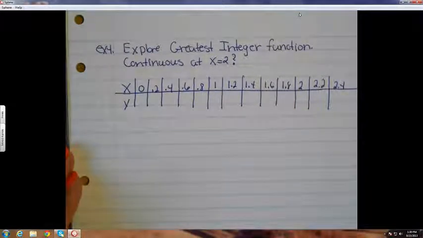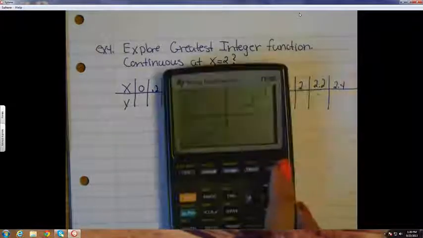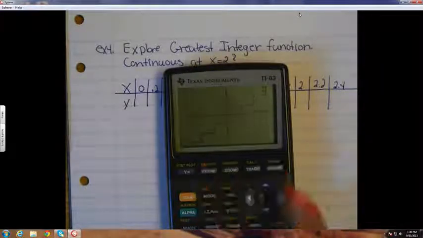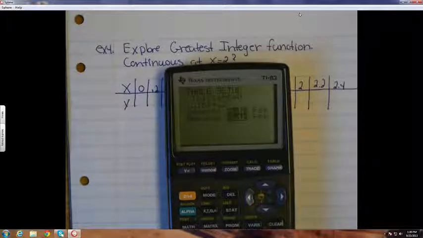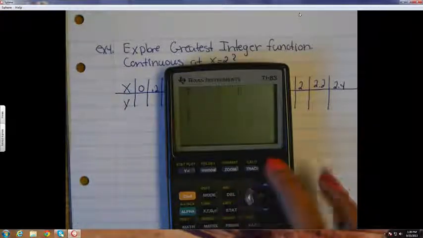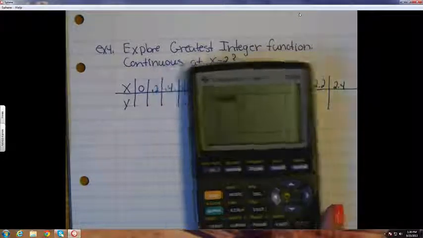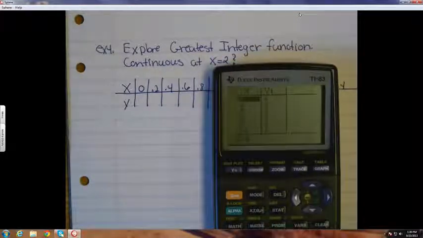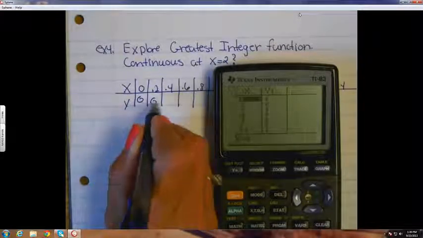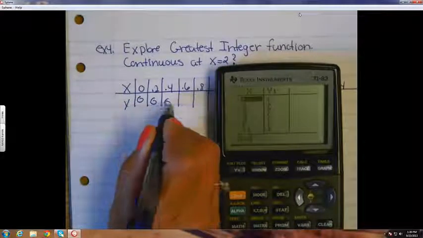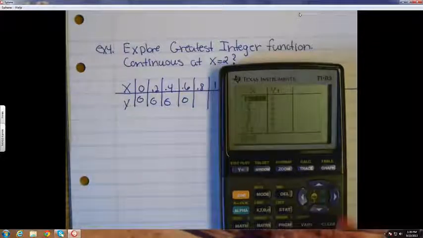Okay, let's set our table up the same way and see what the y values are. So go back, table set, starting at 0, and I'm going by 0.2. Table. Okay, the y values. At 0, it's 0. At 0.2, it's still 0. 0.4, still 0. 0.6, still 0. 0.8, still 0.